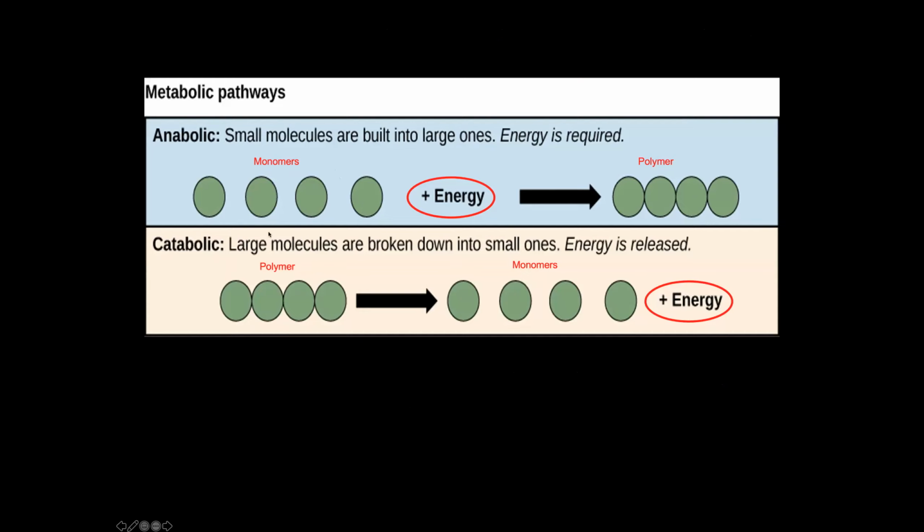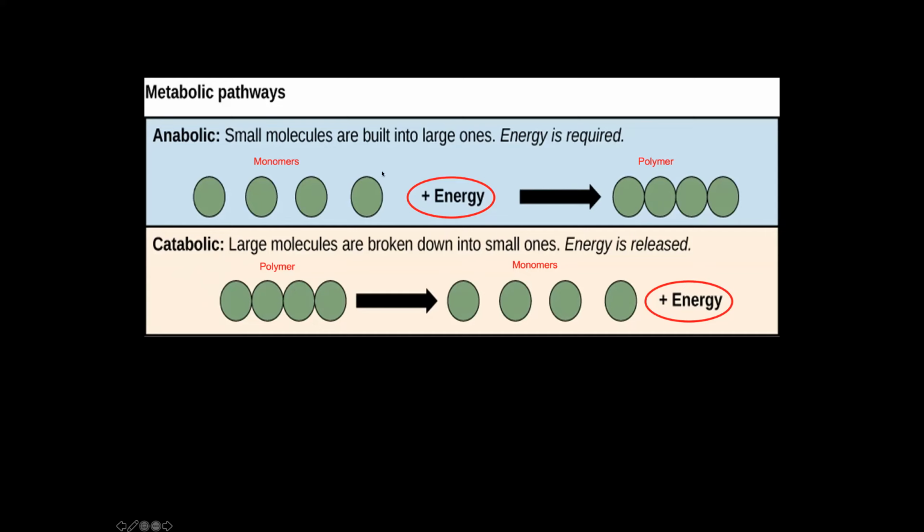Catabolic pathways are the opposite. You start with a polymer, and remember this, the energy that it takes is now in the bonds connecting the polymer. And now this high energy polymer is broken down in a catabolic pathway, releasing the monomers plus energy.